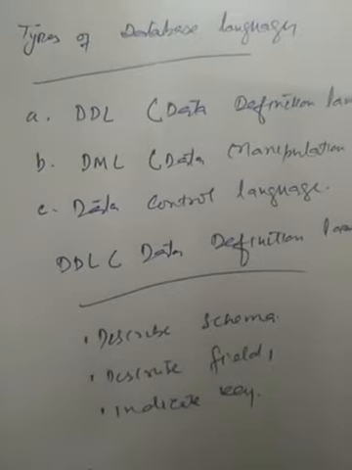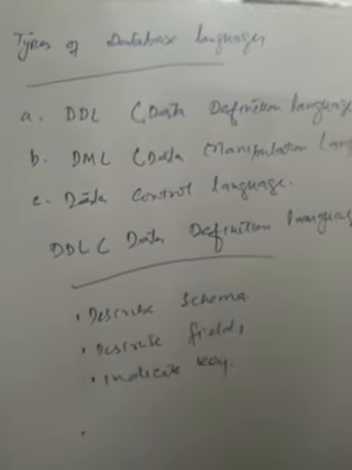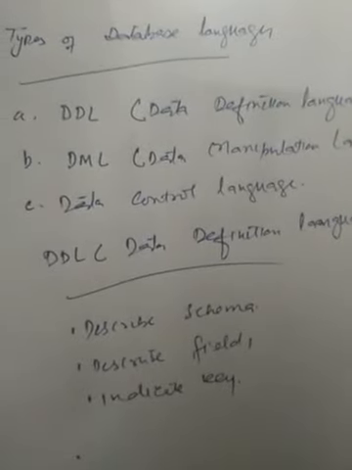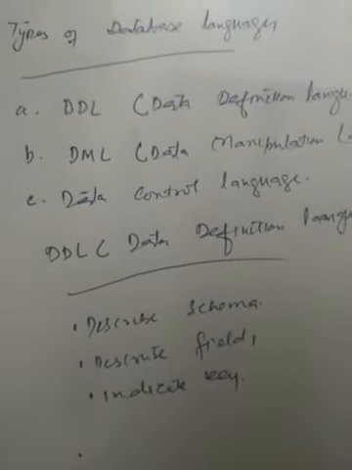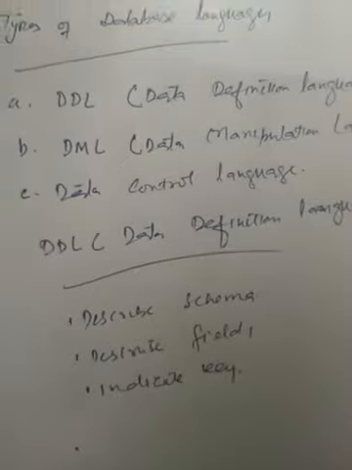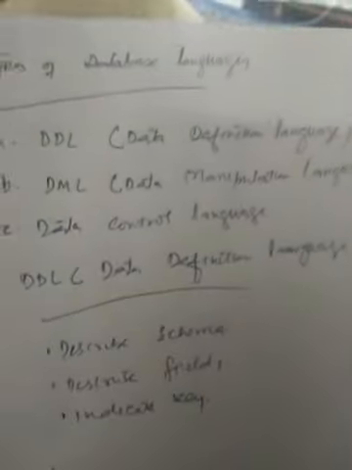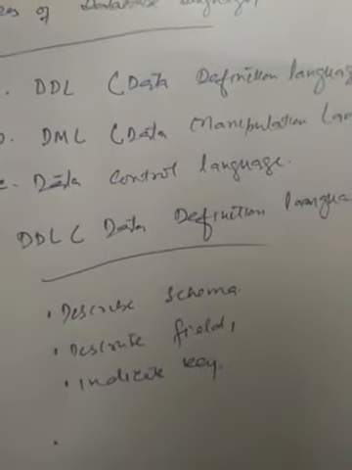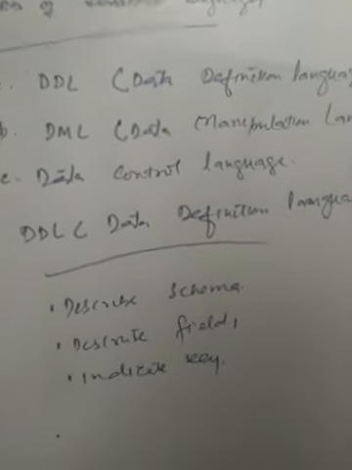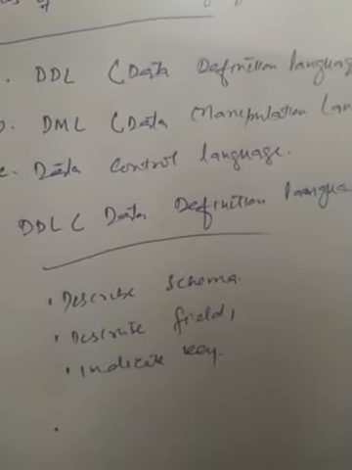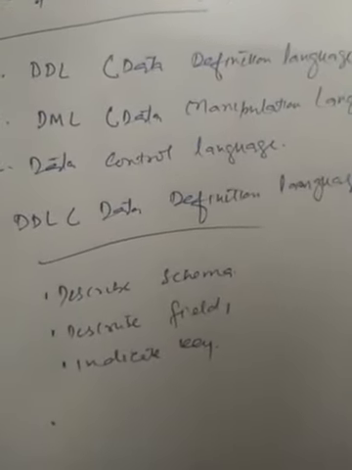So how many types of database languages are there? There are three types of database language. One among them is data definition language, or in short DDL. The second is DML, data manipulation language. And the third is data control language.